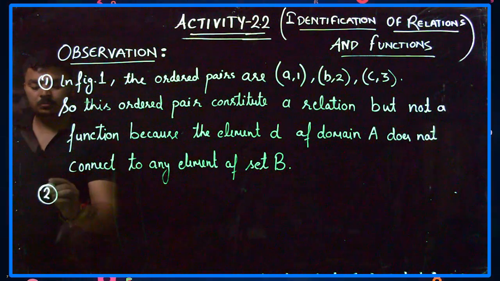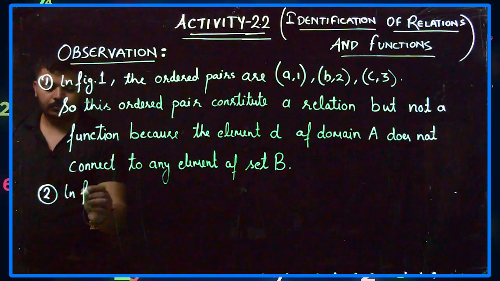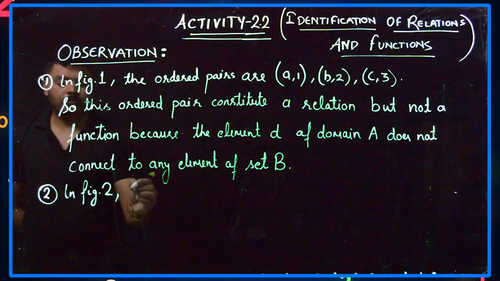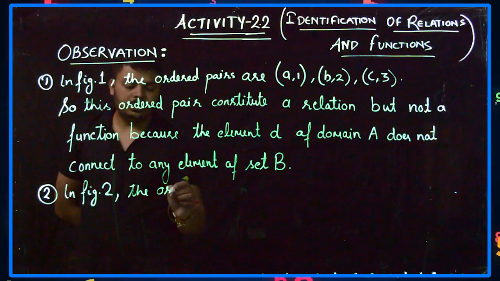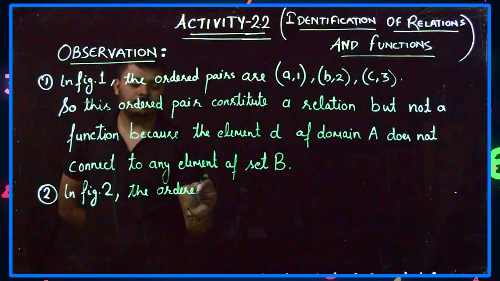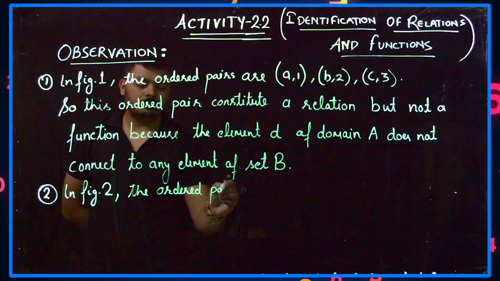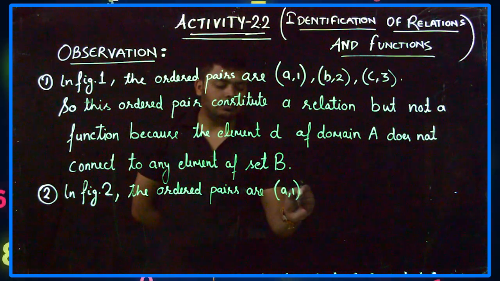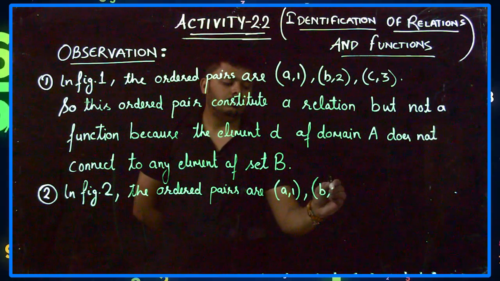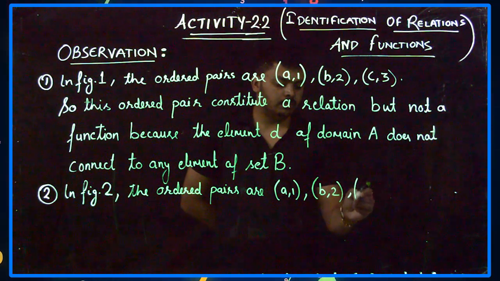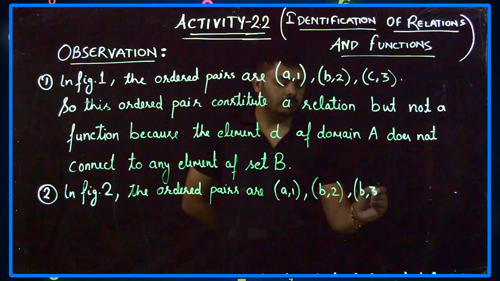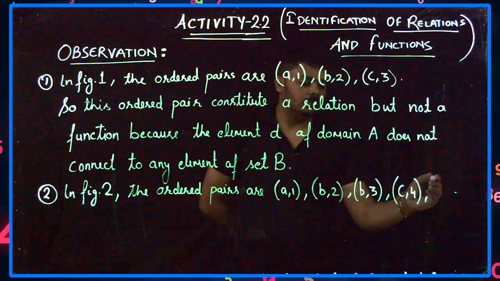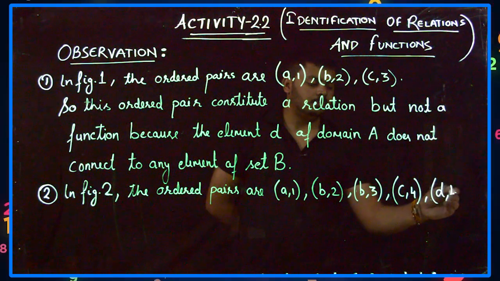Second, in figure 2, the ordered pairs are A1, B2, B3, C4 and D4.